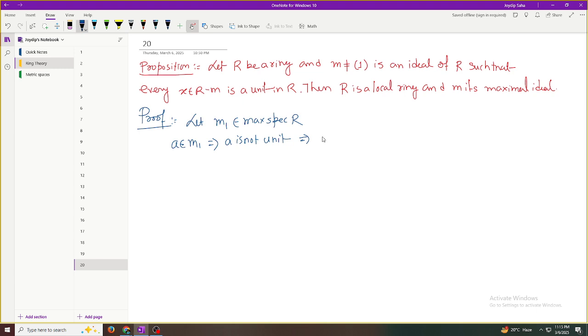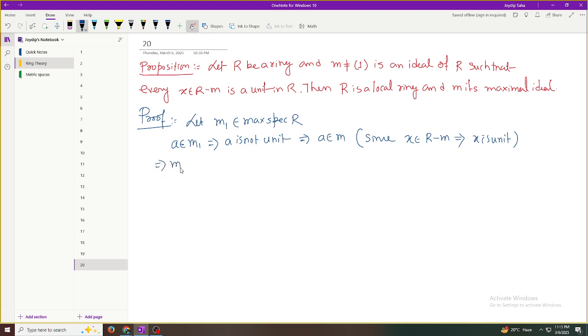This implies A belongs to M, since every element of R minus M is a unit: x belongs to R minus M implies x is a unit.